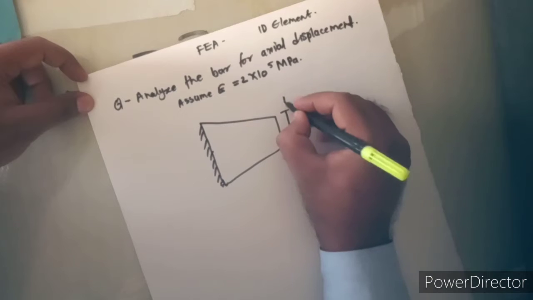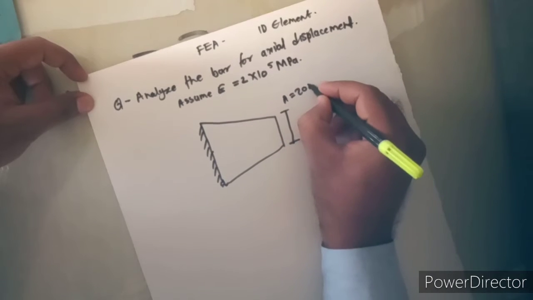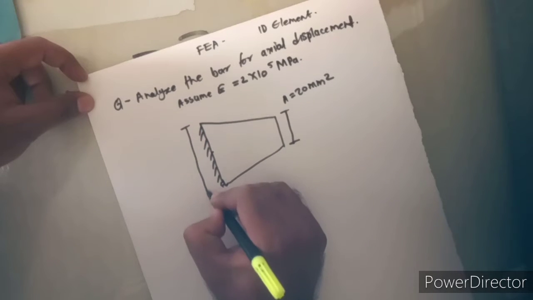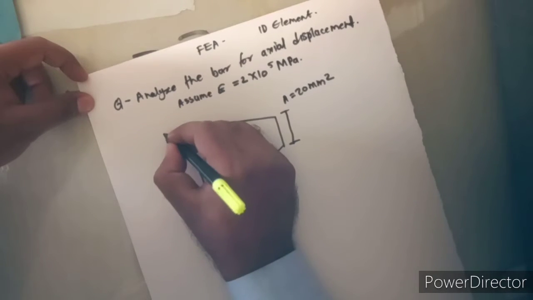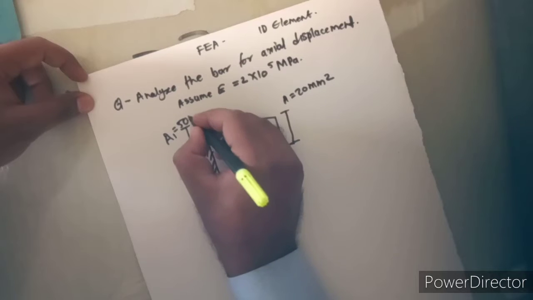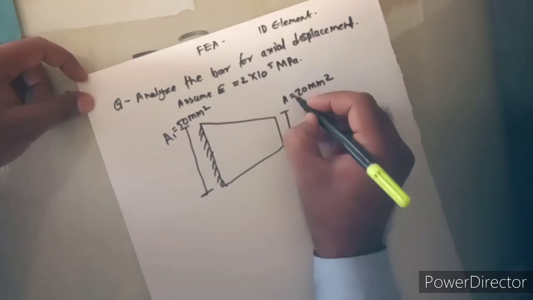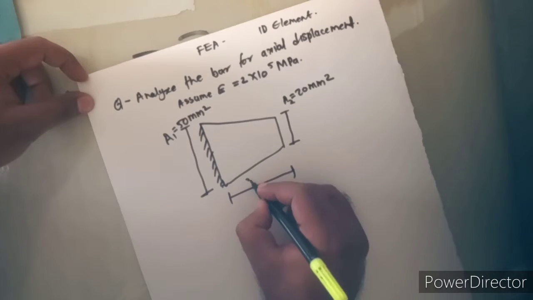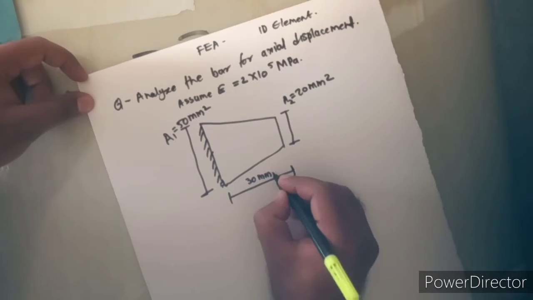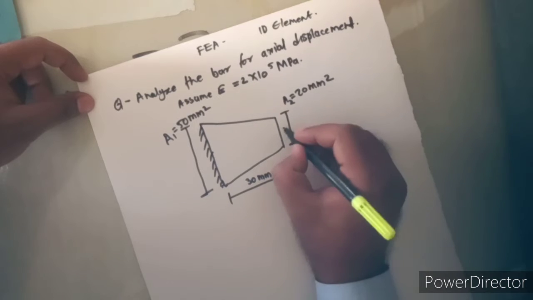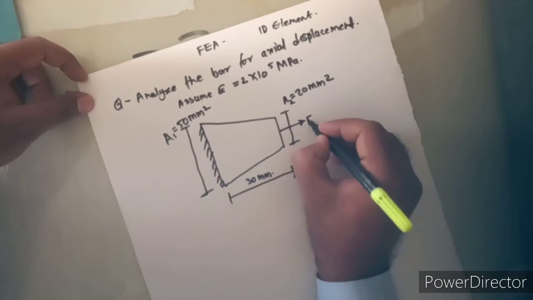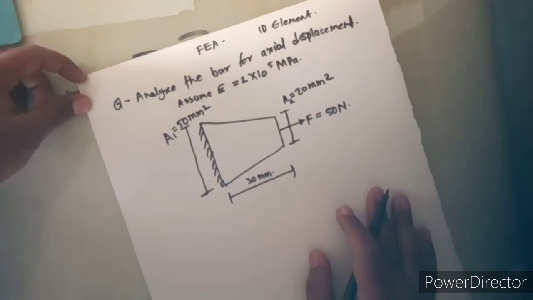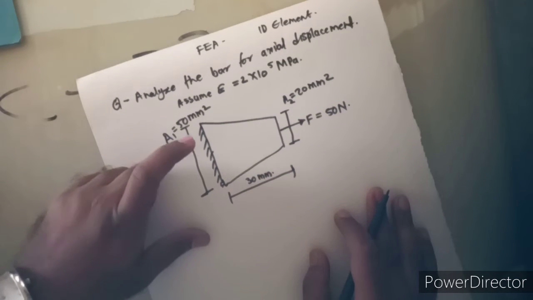The area is 20 mm square, and this area A1 is 50 mm square. This is A2. Total length of the bar is 30 mm, and force F is equal to 50 Newton. Okay, this is one problem.